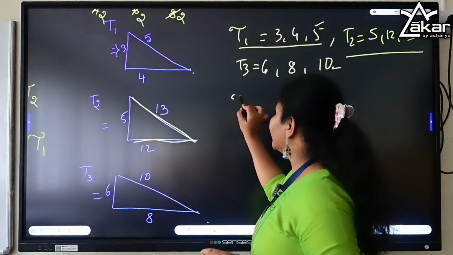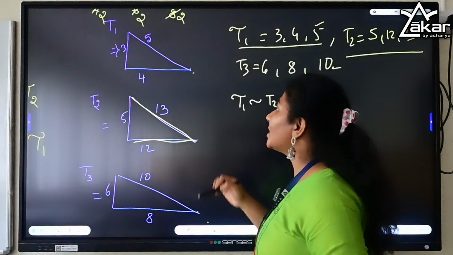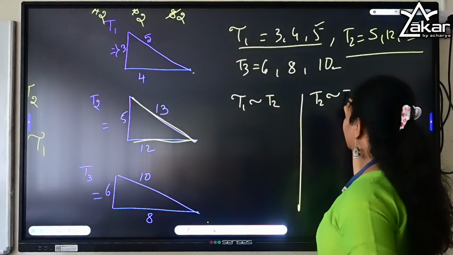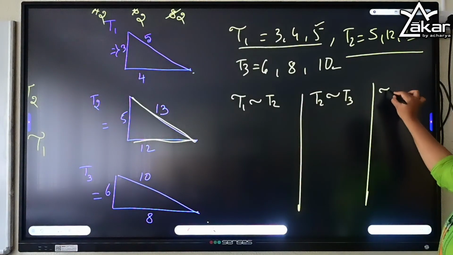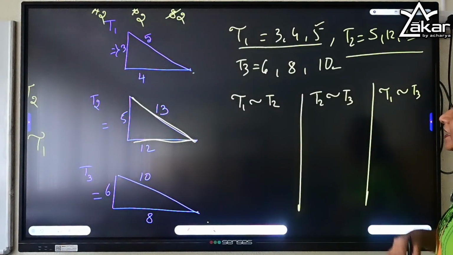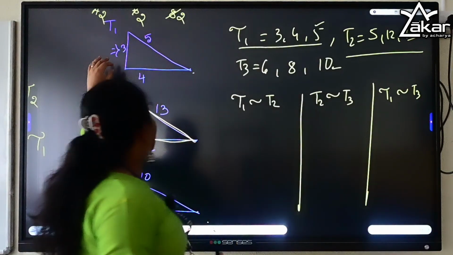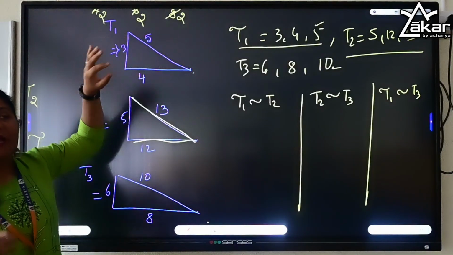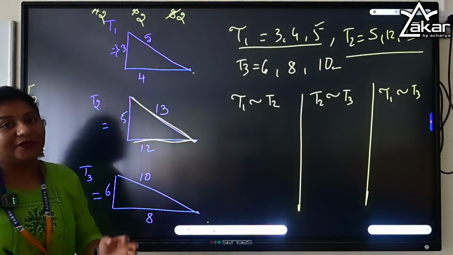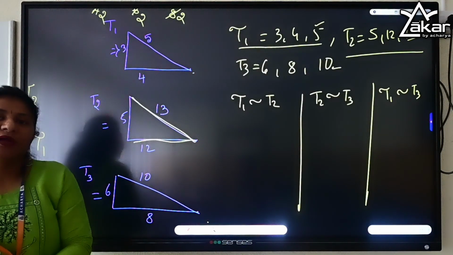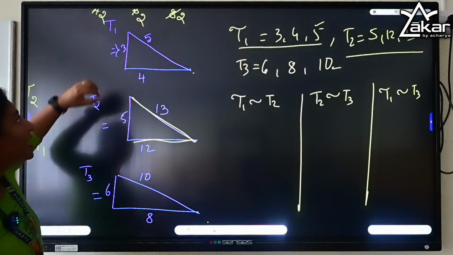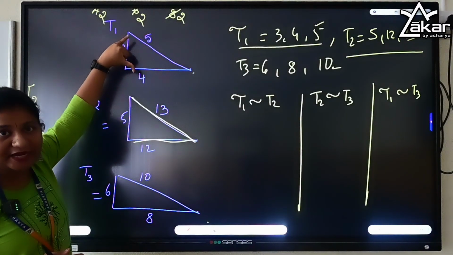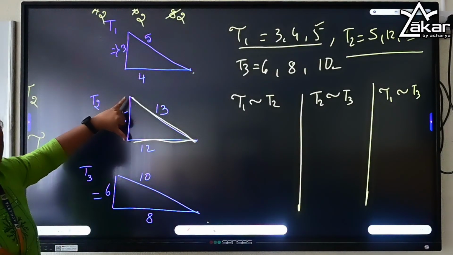According to this, how can I show that these triangles are related? I told you, if T1 is similar to T2, their sides should be proportional. Let us make columns: T1 similar to T2, T2 similar to T3, and T1 similar to T3. When comparing any two triangles, the sides of one have to be divided by the corresponding sides of the other. That is, hypotenuse with hypotenuse, opposite side with opposite side.